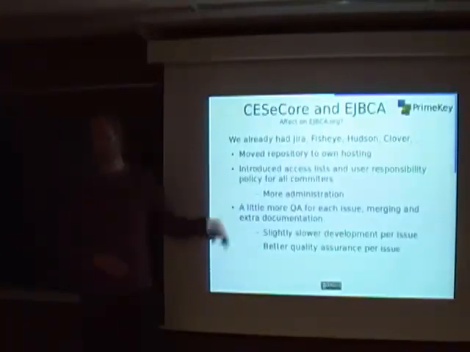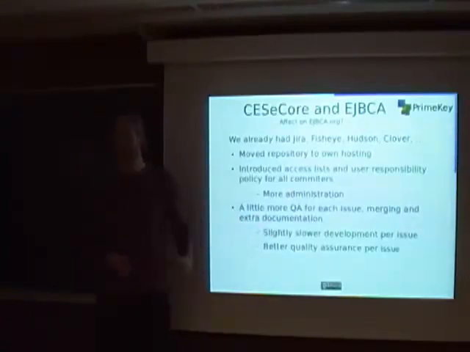So there's more administration, which takes more time. And we have to do a little bit more QA than before for each issue, which means slightly slower development than before. You can't be as fast as when you're not certified, I would say. On the other hand, you get a little better quality assurance per issue. So actually you do get slightly better, I would say.